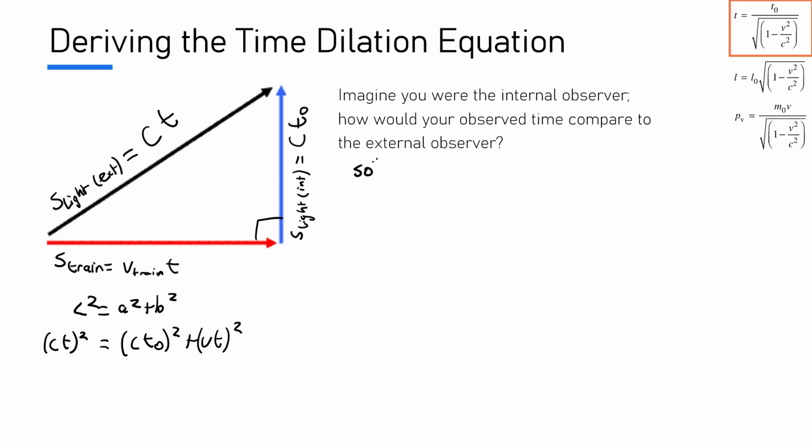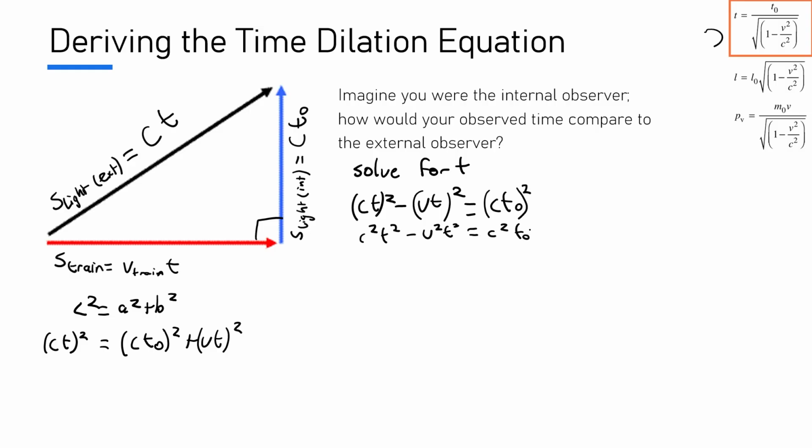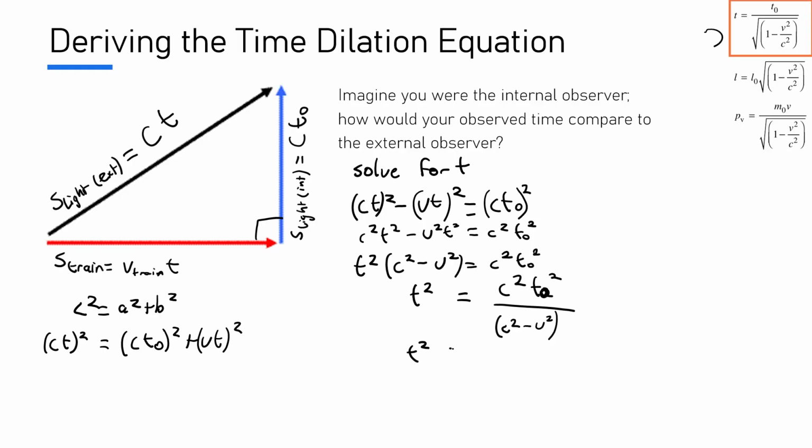So if we were to think about this quantitatively, what we are attempting to do is solve for t. So the first thing that we do is move all of the t terms to one side. The next step is to factorize for t squared. Then make t squared the subject. We can then clean up the right-hand side a little bit by dividing by c squared on both the numerator and the denominator.